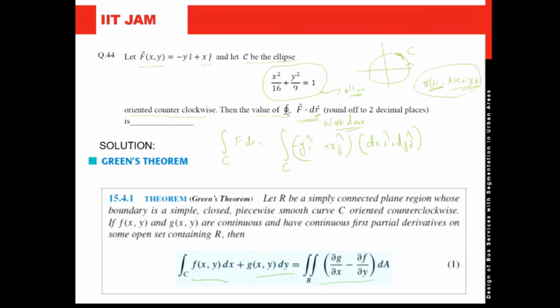That is the notation. So dr is equal to dx i plus dy j. So this is equal to the integral over C of, if you find the dot product, minus y dx plus x dy.